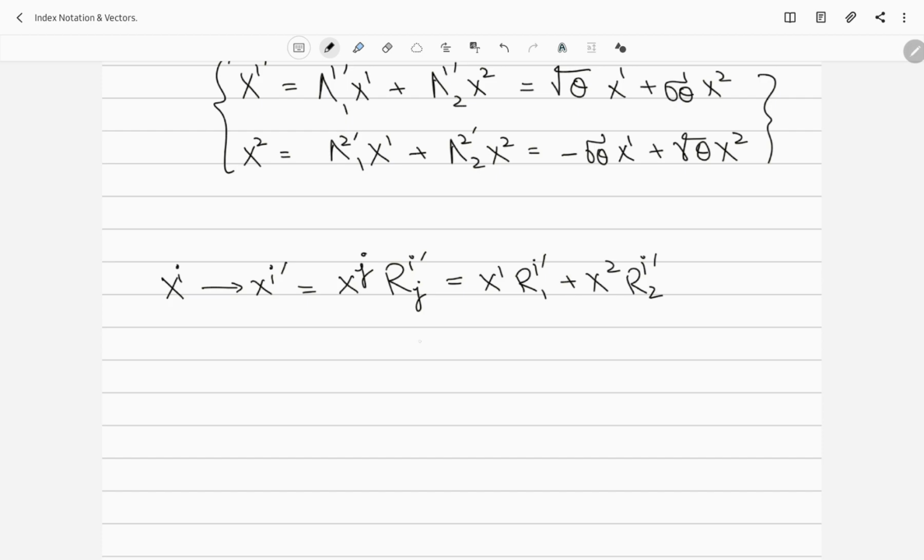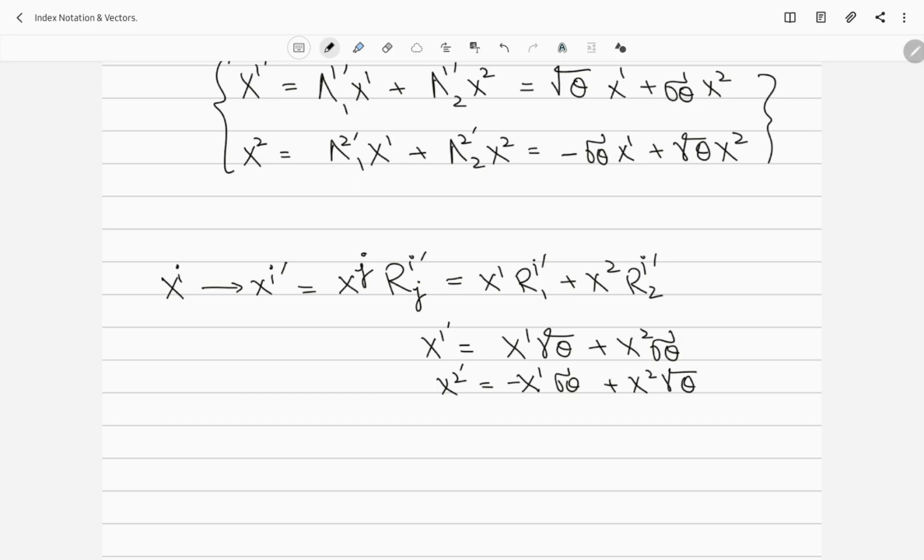And this would give you x1 prime being equal to x1 cosine theta plus x2 sine theta, and x2 prime as minus x1 sine theta plus x2 cosine theta.